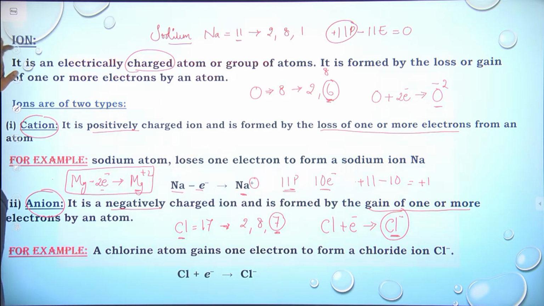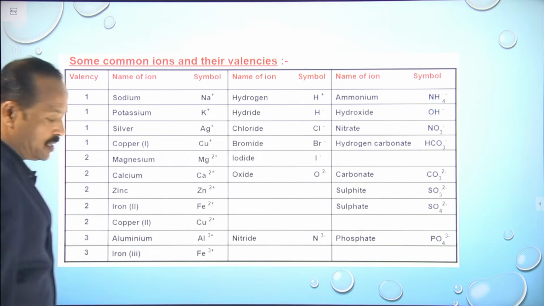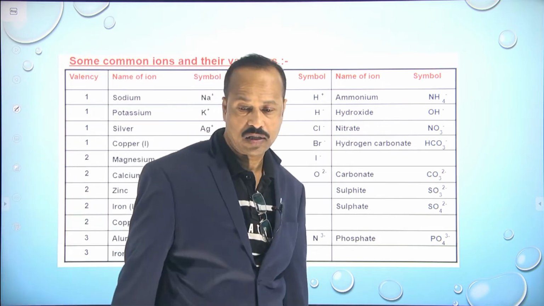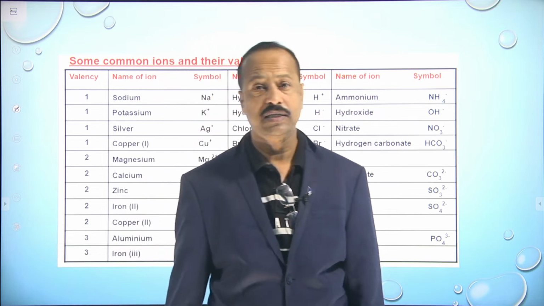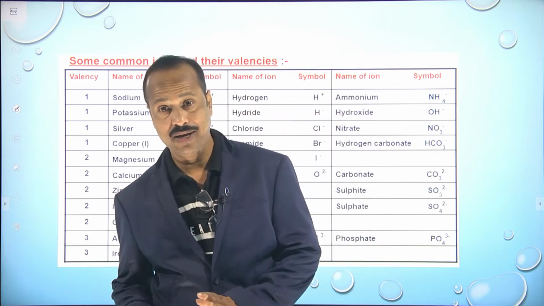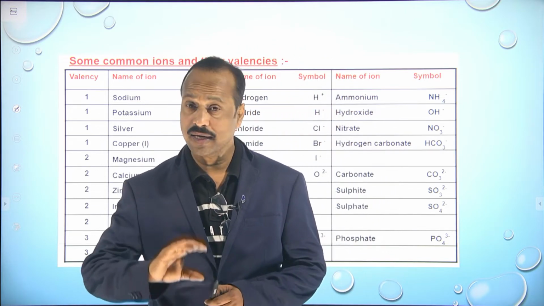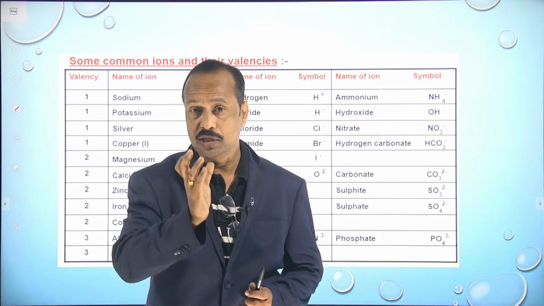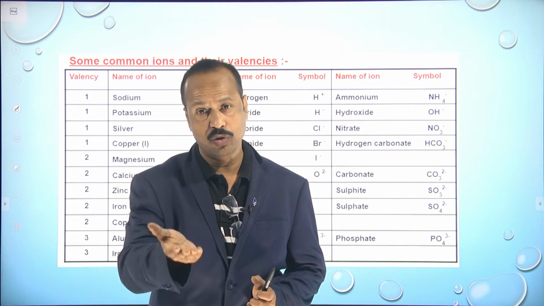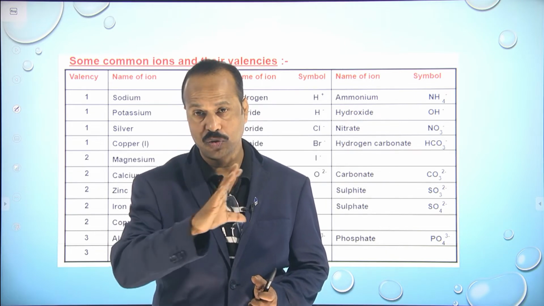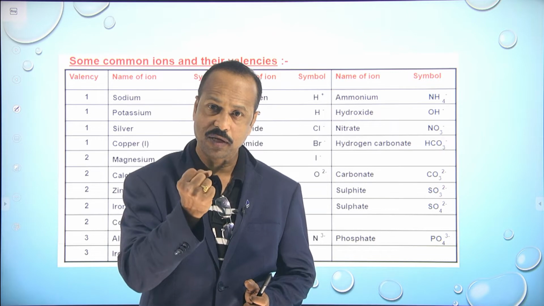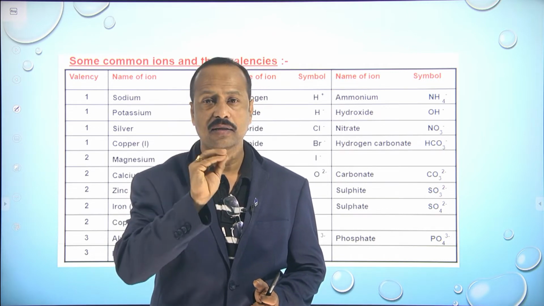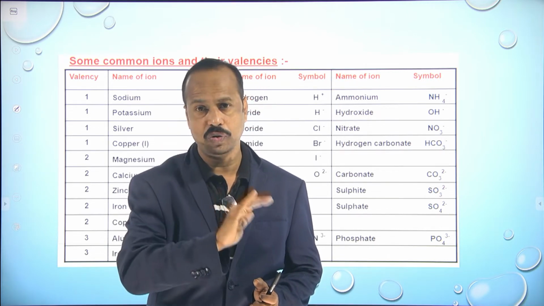Now see here. These are the ions, some cations, some anions. Cations or anions can also be a group of atoms, meaning two or more atoms sometimes combine, and that also will have a charge, either positive or negative.